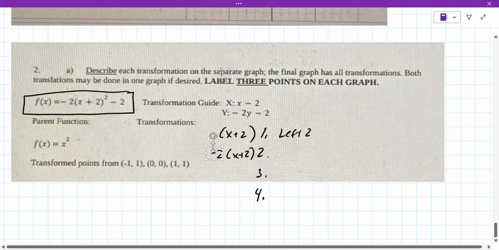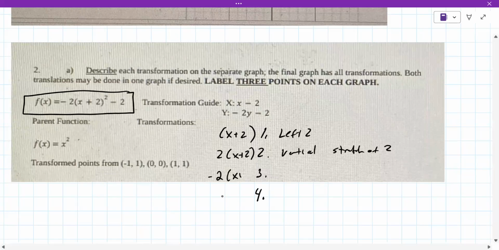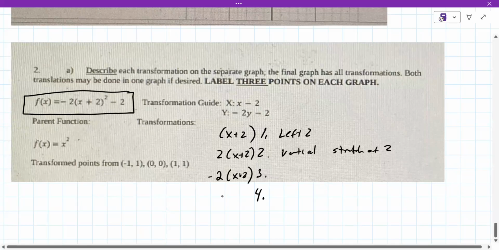I generally show the 2 by itself first and then deal with the negative. So it would be a vertical stretch of 2. And then that negative out in front, reflect over the x-axis, and then move down 2 units.